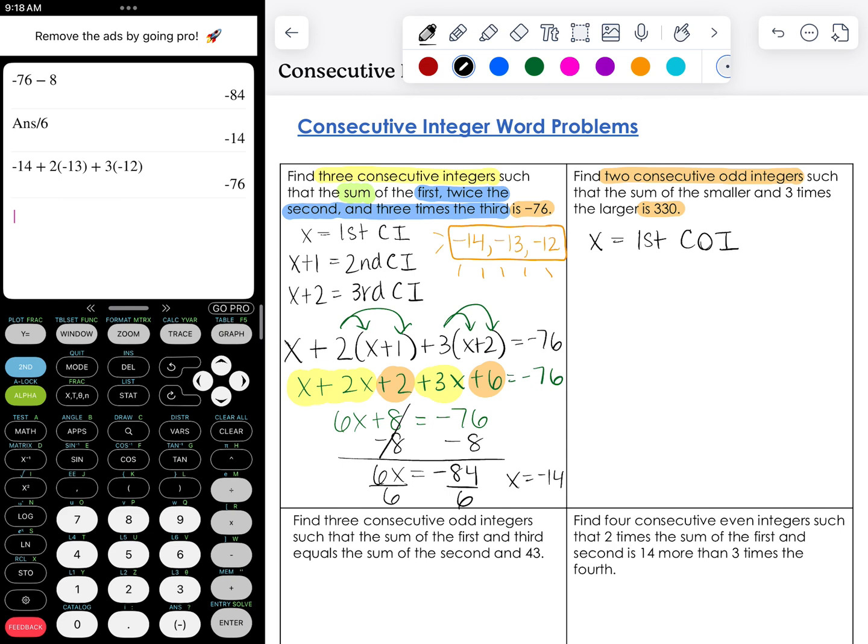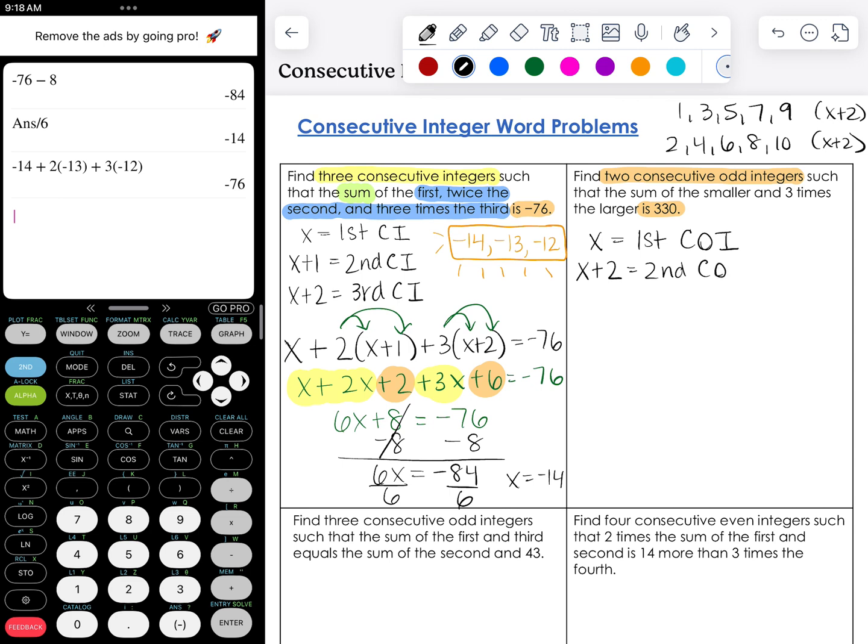COI, just to abbreviate. If I want to get to my next odd number, you have to add 2. Remember, to get from one odd number to the next odd number, you have to add 2. To get from one even number to the next even number, you also add 2. So that's what it's going to look like for both of them.